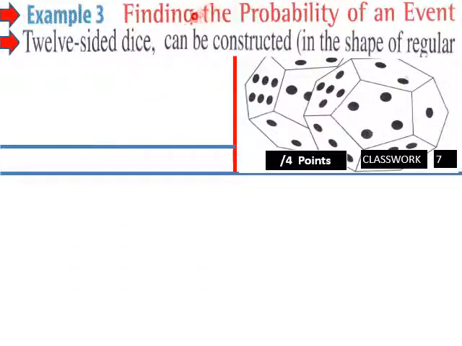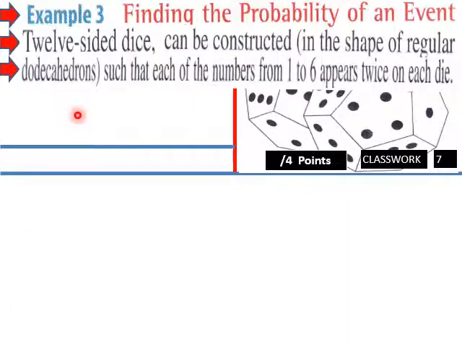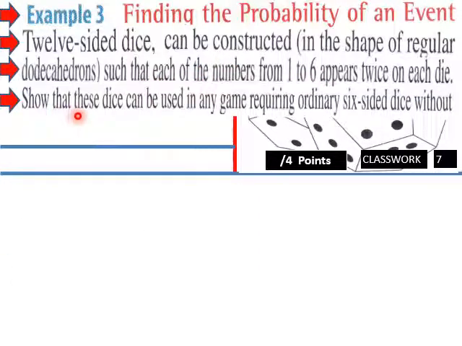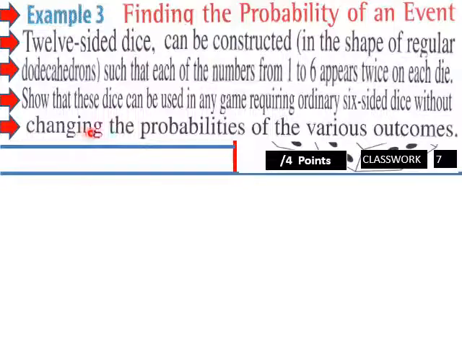Finding the probability of an event. 12-sided dice can be constructed in the shape of a regular dodecahedron, such that each of the numbers from 1 to 6 appears twice on each die. Show that these dice can be used in any game requiring ordinary 6-sided dice without changing the probabilities of the various outcomes.